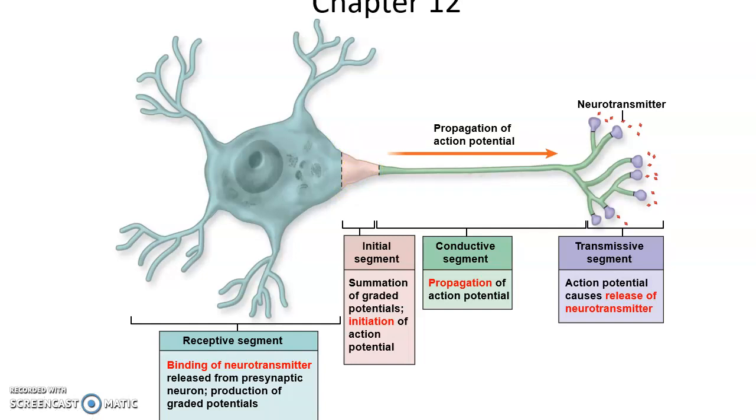Lots of sodium ions flood in, generating the action potential. That then gets propagated down the axon until it finally reaches the transmissive segments, the synaptic knobs. That then, of course, leads to the opening of voltage-gated calcium ion channels. Calcium ions flood in, and now we get the release of the neurotransmitters to pass the signal on to the next cell.